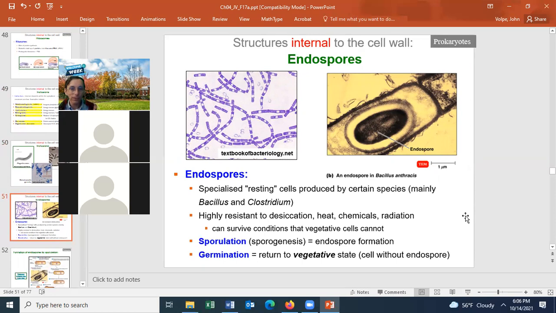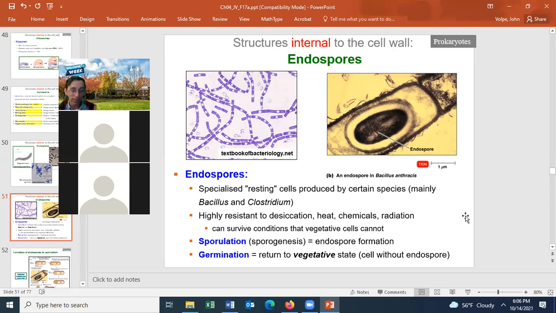Endospores are a special structure that allows the cell to rest and then survive the harsh environment. An endospore is only made by certain species of bacteria, mainly in the genera Bacillus and Clostridium.